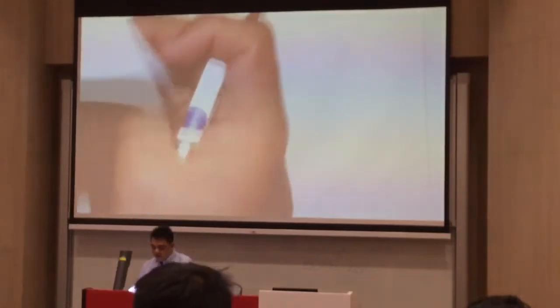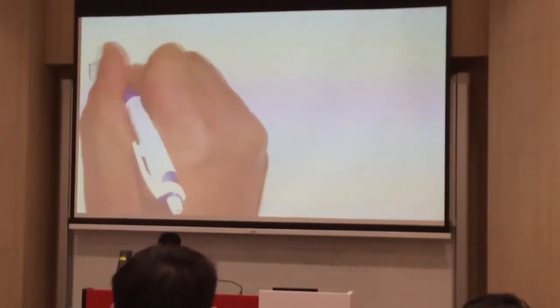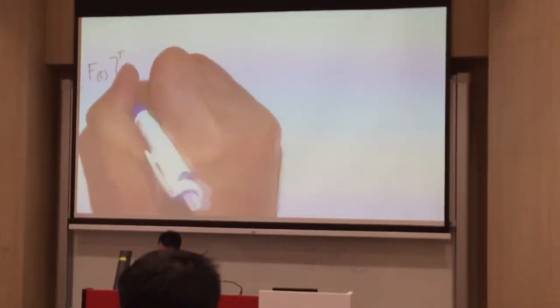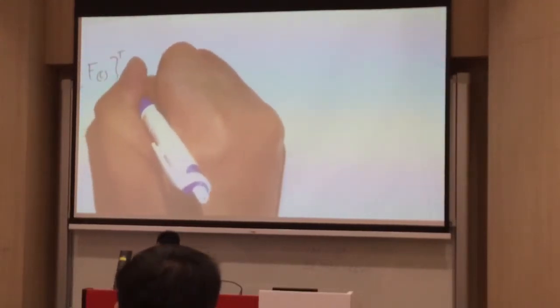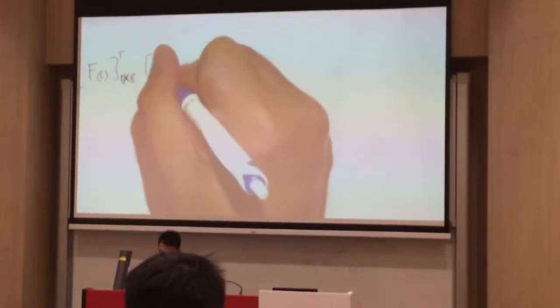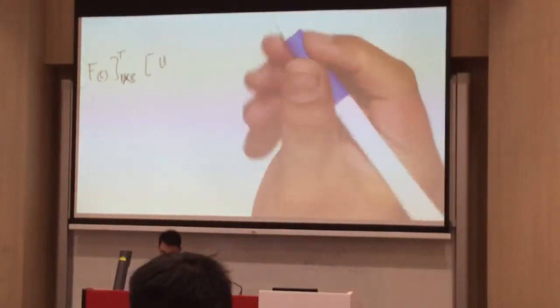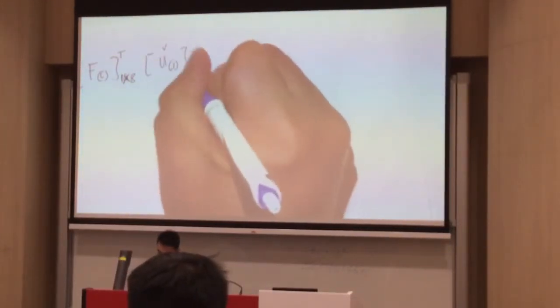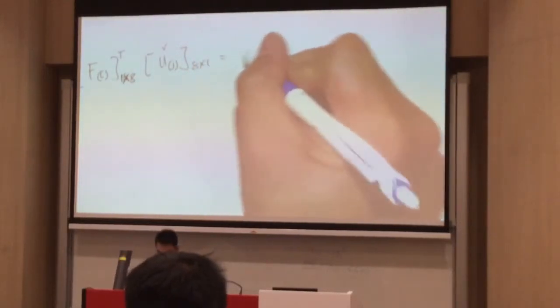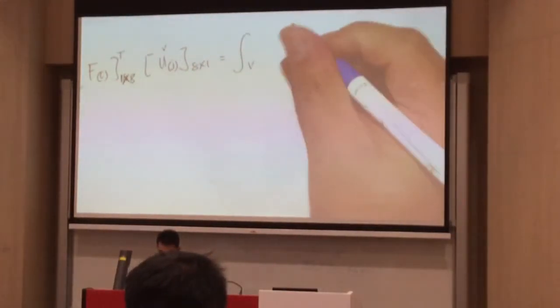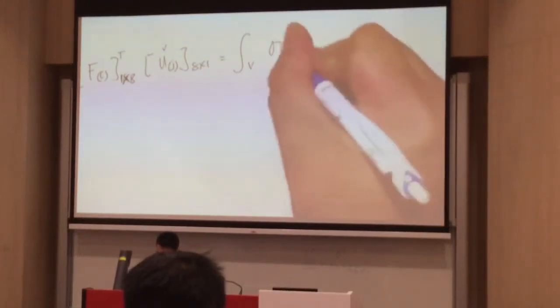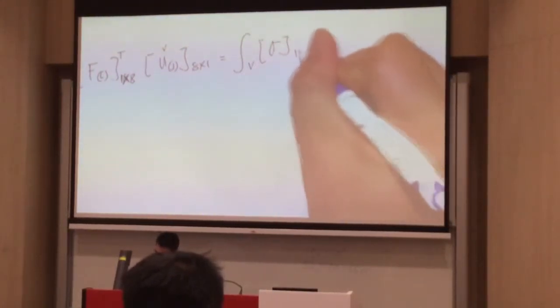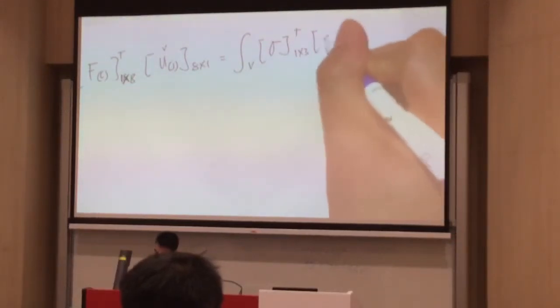So let's continue with your PVD. This one is your force, 1 by 8, and I have this one as my U_j, let me use that just not to conflict, 8 by 1. And then I have this one as my stress, dV. So I'm just rewriting values here now.